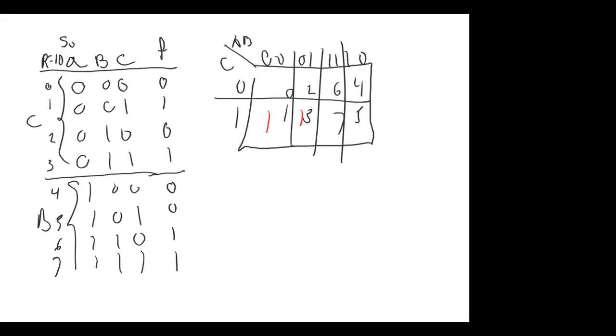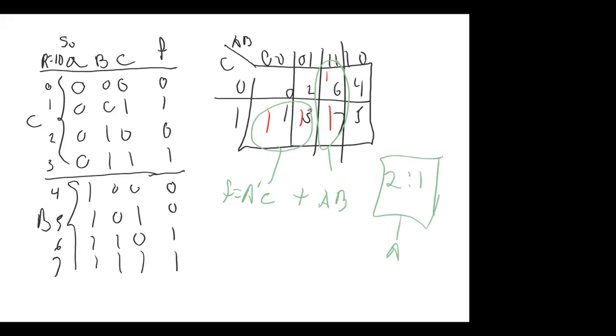And I've got a 1 in rows 6 and 7. I'm going to loop, and then loop again. This is going to be equal to A prime C, and this is going to be equal to AB. And that is the function that defines a 2-to-1 multiplexer where A is the selector and B and C are inputs.